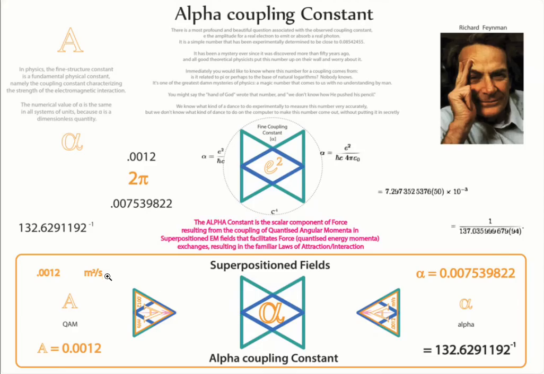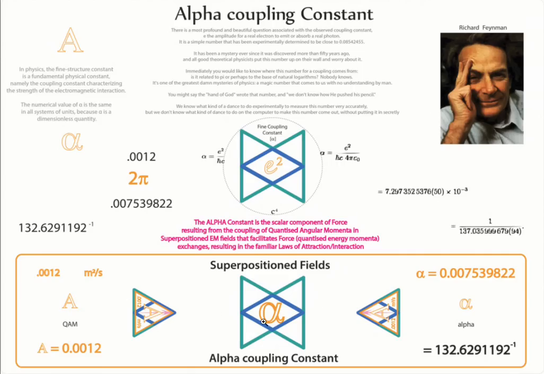Of course, alpha measured per second will give us a measurement of charge, or 0.0012 divided by c squared gives us the quantized charge. And equally, we can refer it back to the pi geometry, the equilateral geometry, and we can say that the field is a 4 pi geometry of electric and magnetic forces.